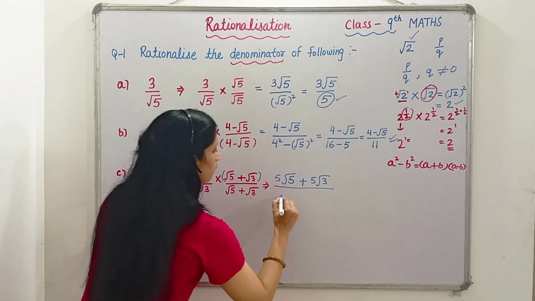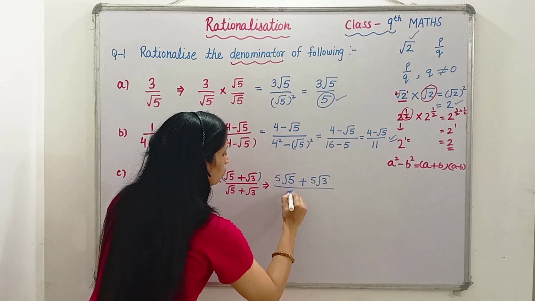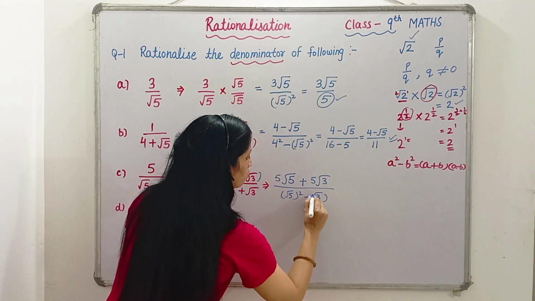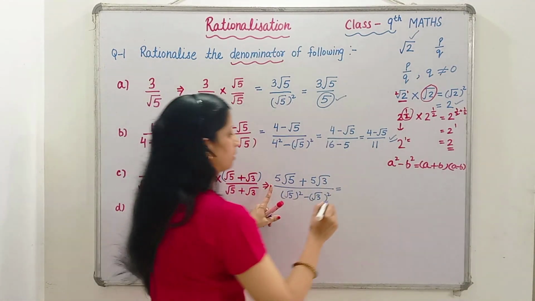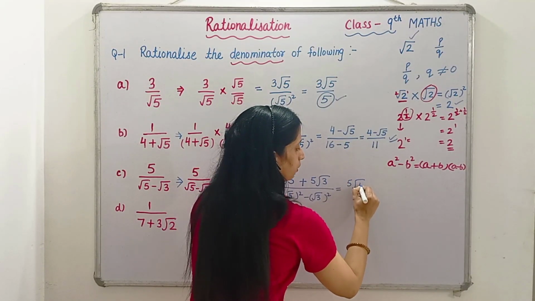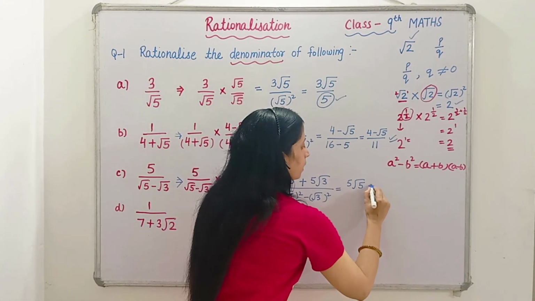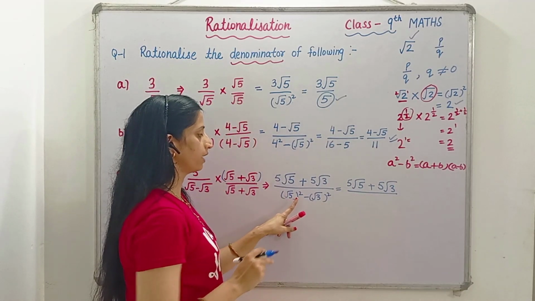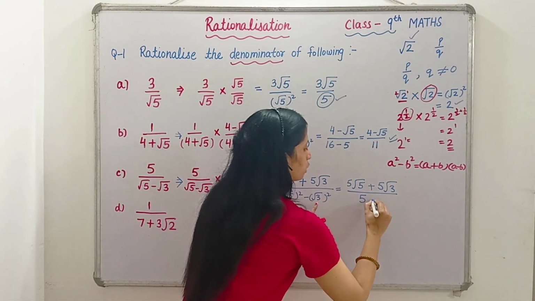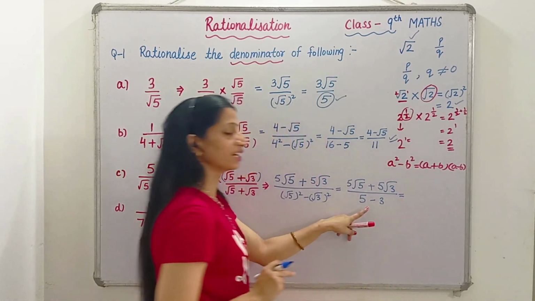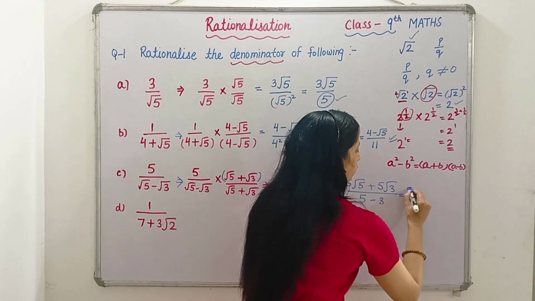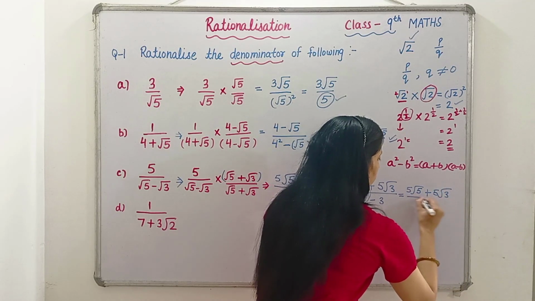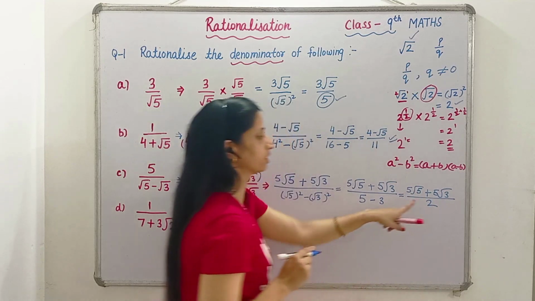So this is root 5 square minus root 3 square. Now write it: 5 root 5 plus 5 root 3 divided by root 5 square, which is 5, minus root 3 square, which is 3. So what will we get in the denominator at last? 2, which is a rational number. So 5 root 5 plus 5 root 3 upon 2, this is our answer.